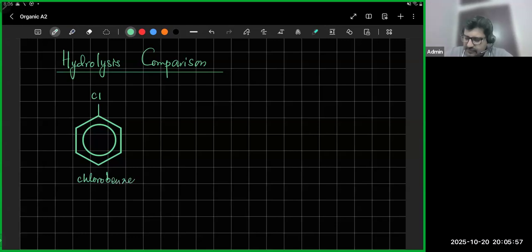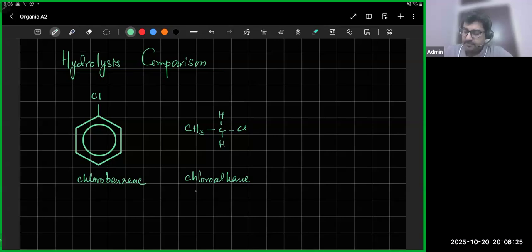They're going to compare its hydrolysis, which is basically a reaction with water, with the halogenoalkanes. What are halogenoalkanes? They're basically carbon chains having a halogen attached to them. So you've got chloroalkanes, which is a halogenoalkane.